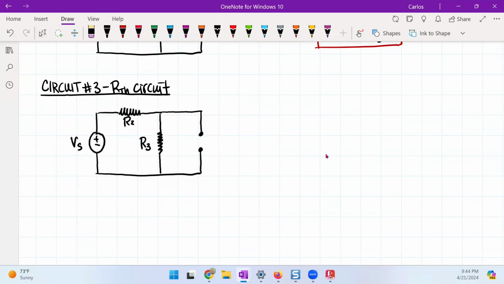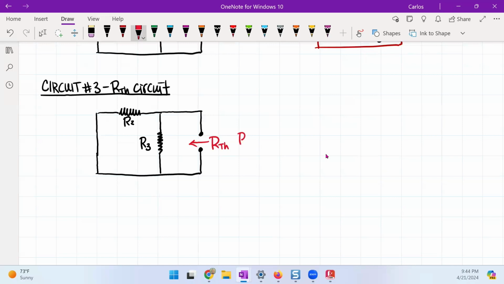So I have an open here, no power supply, replaced with a short, and we are interested in this Thevenin resistance RTH. When I'm looking at this, you could see that R2 and R3 are in parallel.